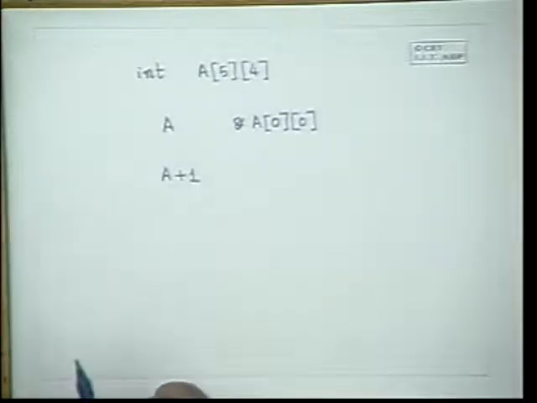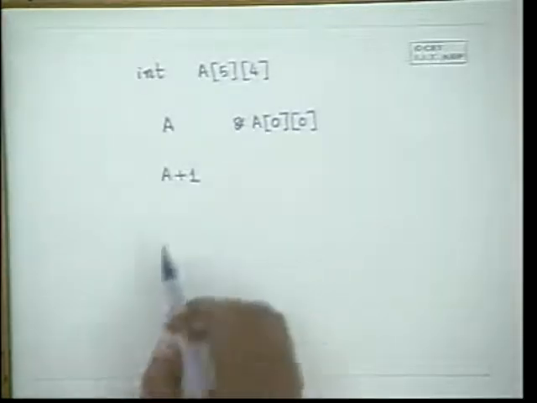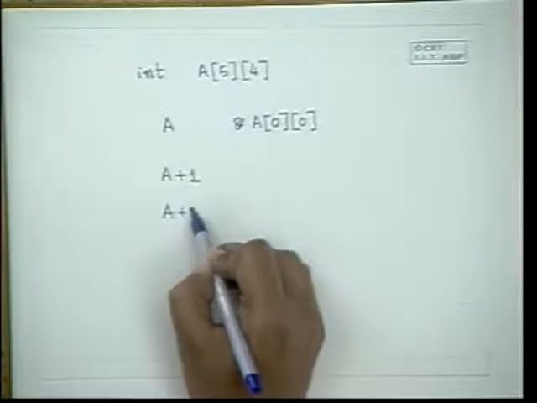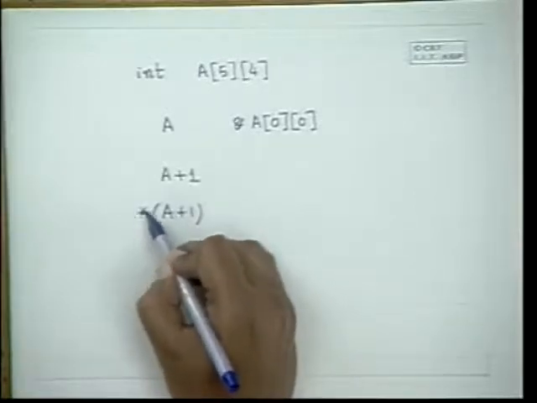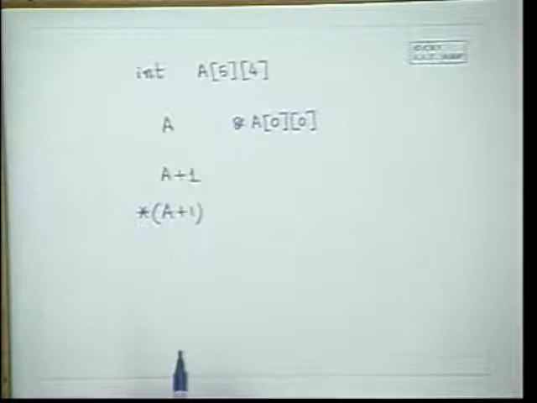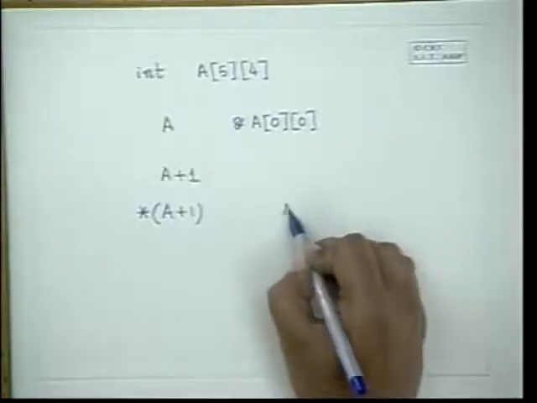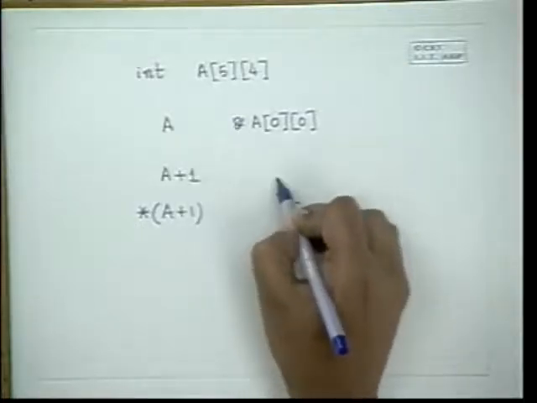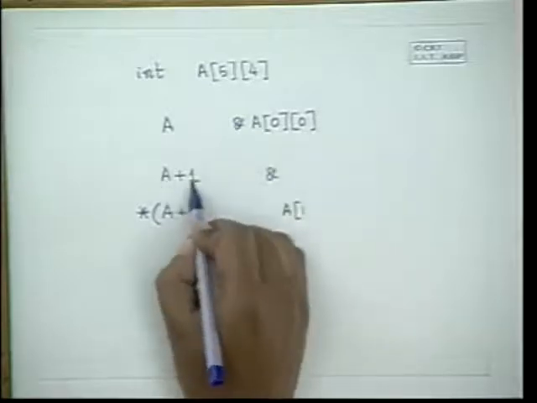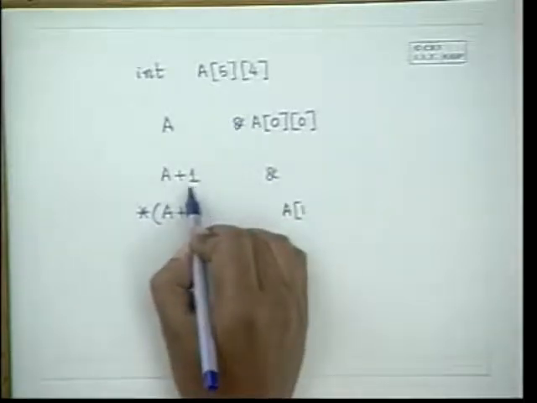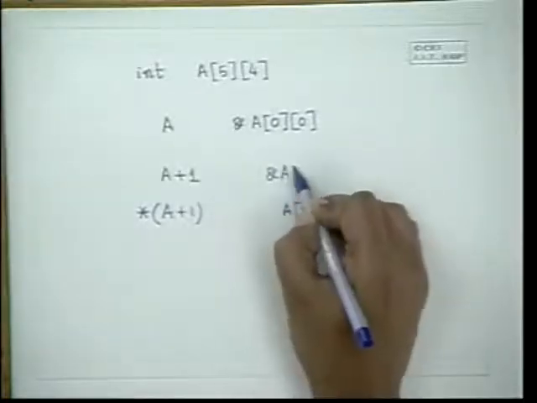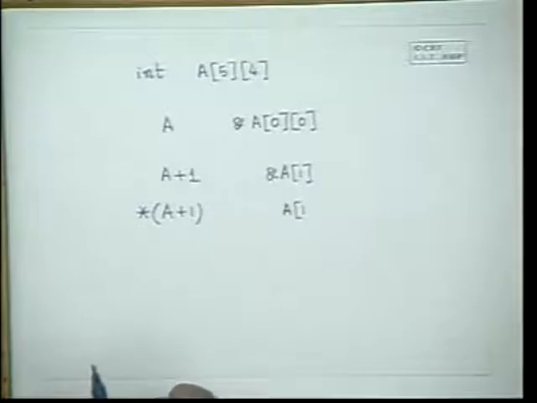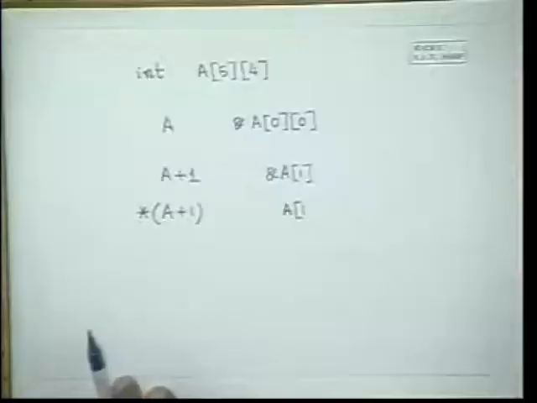That is the first question. What is the content of A plus 1? The content of A plus 1 is A[1]. This is the same. If it was a 1-dimensional array, A plus 1 would have been &A[1]. Here also it is &A[1]. This is very streamlined.